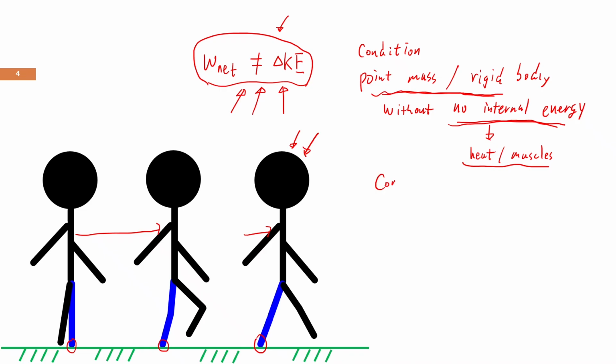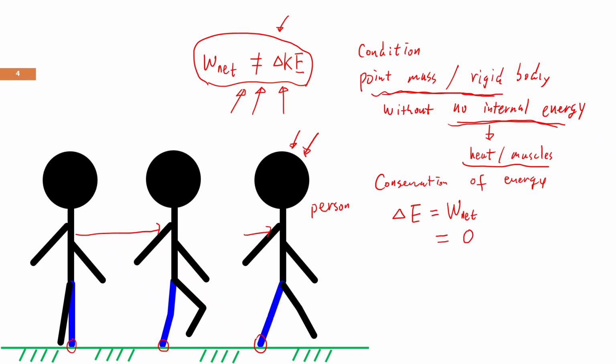Instead, we can use the conservation of energy. So we know the conservation of energy says the change of energy of the system, where we consider the person as our system, equals the net external work done to the system. And we know the total work done to the person is zero.